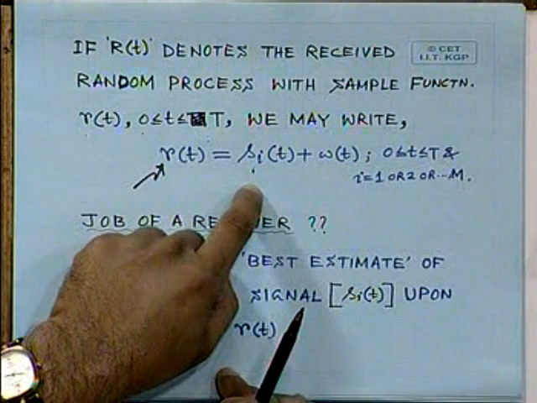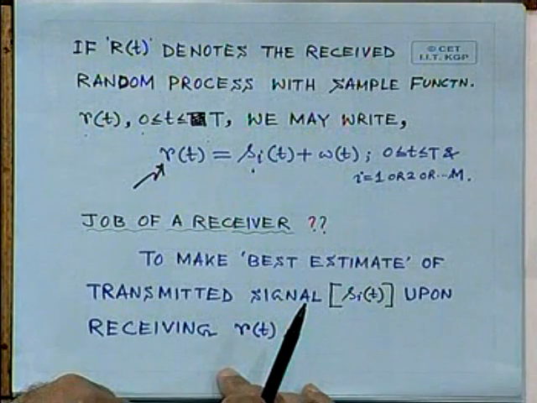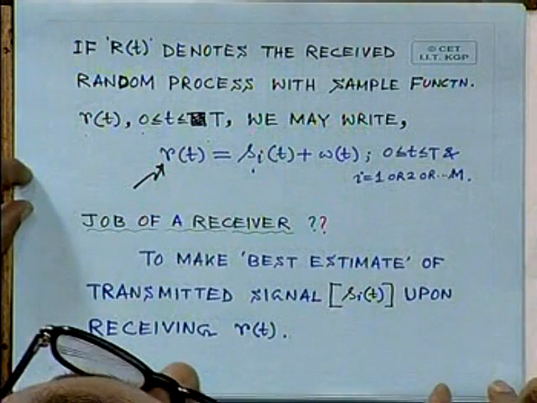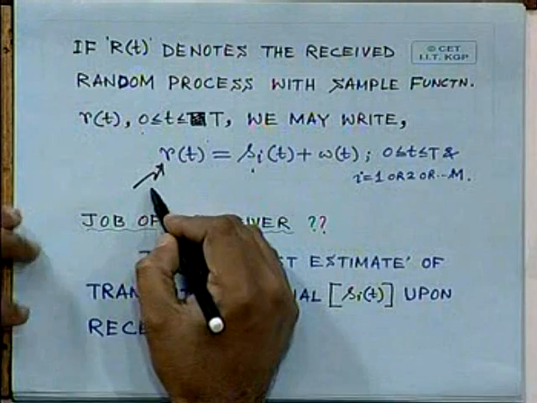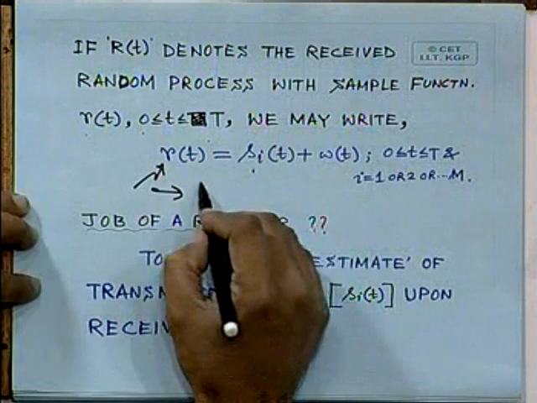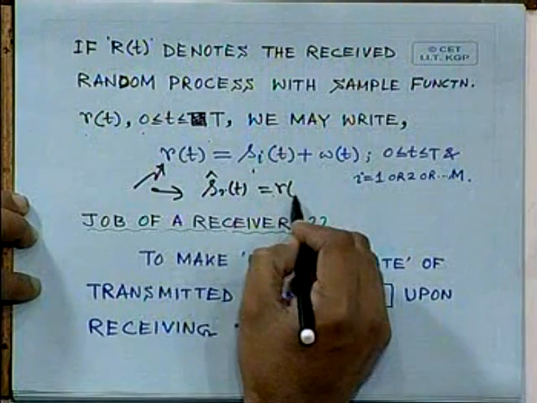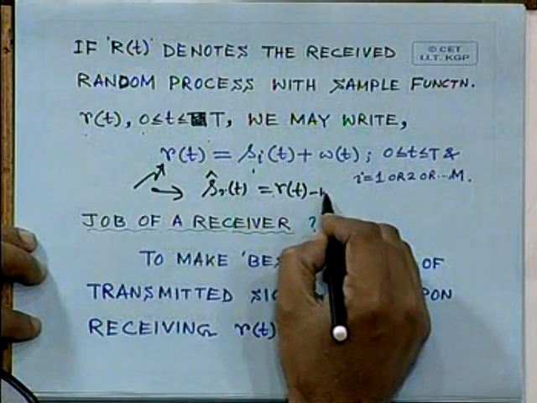Now one strategy may be this: what I know more is that the s i of t part, this first term, will have only one of the m possibilities, whereas how many possibilities are there for w of t? Infinite. So it may not be a wise idea to really find out w of t precisely, because it has infinite possibilities. It is going to be very frustrating. A naive idea may be that after I find out w of t, I will comfortably write that s i of t, if I call it an estimate, is r of t minus w of t.